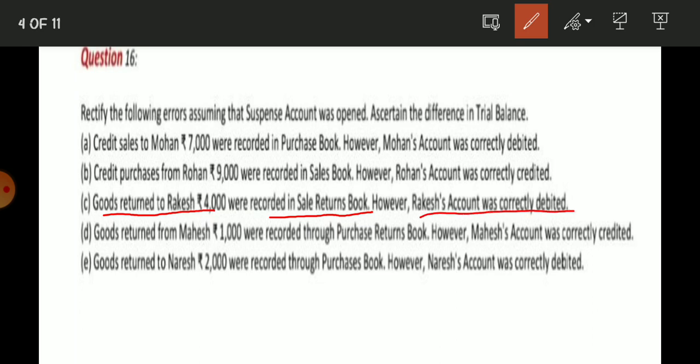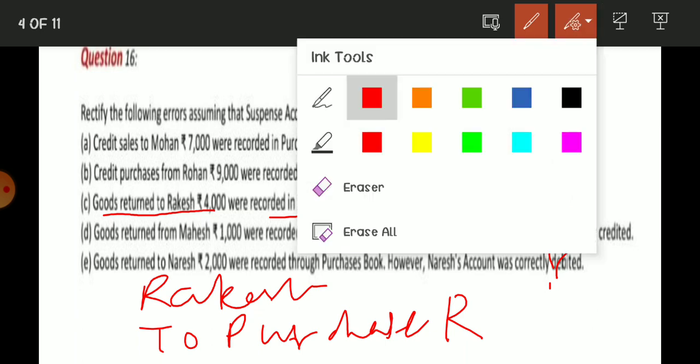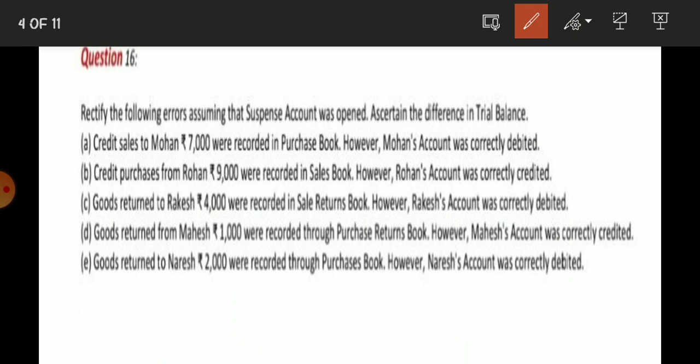So you had to make the entry. What is the correct entry? The correct entry will be Rakesh to purchase return. Purchase return. Okay, but the wrong entry is made. We don't know what we had debited, what we had credited, because it is entered into the sales return book.